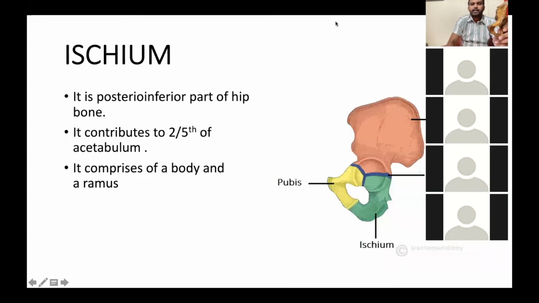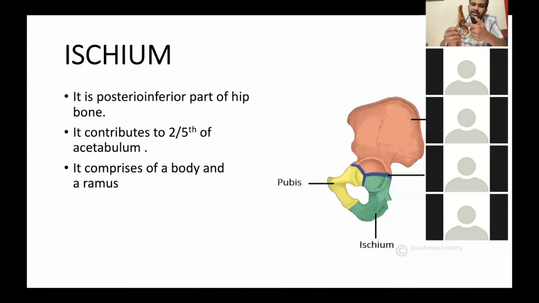The ischium is the posterior-inferior part of the hip bone. It is present posteriorly and inferiorly, and it contributes 2/5 of the acetabulum.